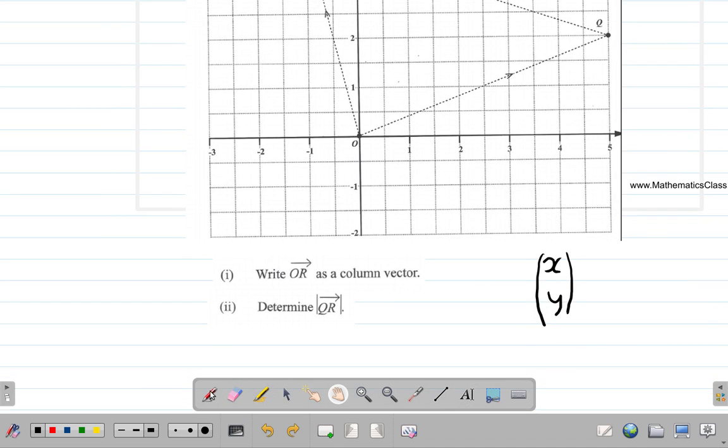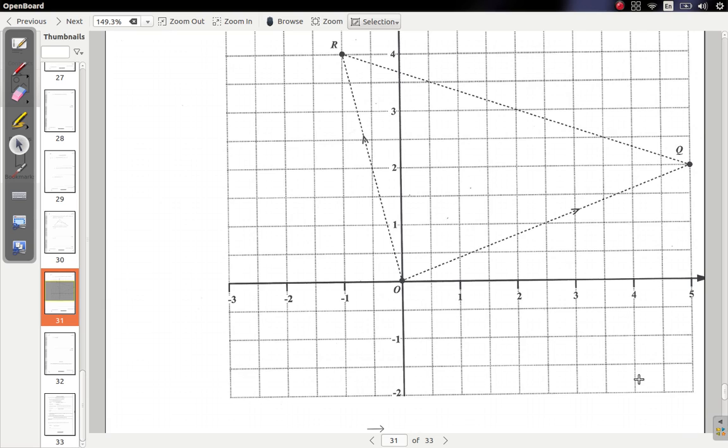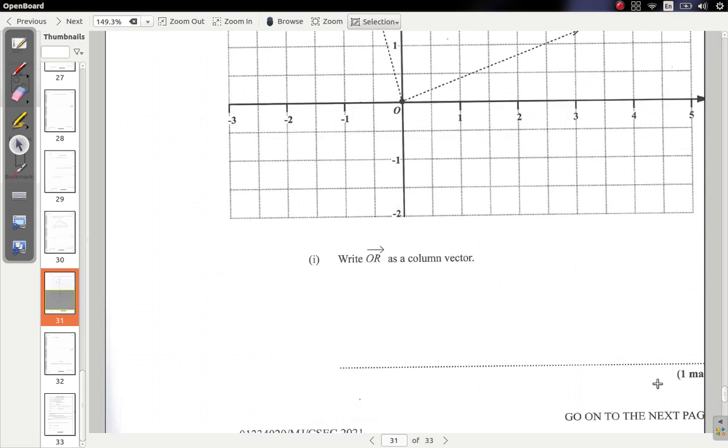So therefore, OR is equal to X is negative 1, so it's negative 1 here. Y is 4, so you write 4 there. That is what you must do. Do you see it? Make sure you understand what is happening. You get a mark for doing that.